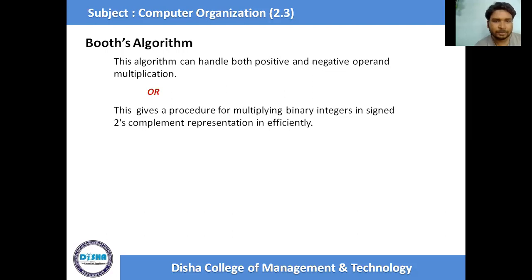It also gives a procedure for efficiently multiplying binary integers in signed two's complement representation. That means suppose we have a negative number and we are going to multiply with it, then to represent the negative number in binary form we must convert that number to two's complement form. After that we will do the multiplication.